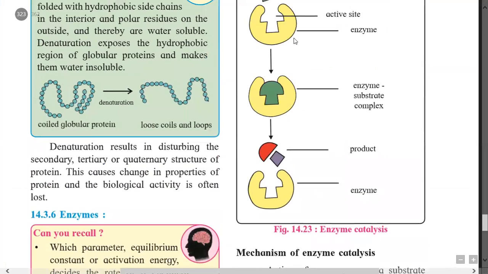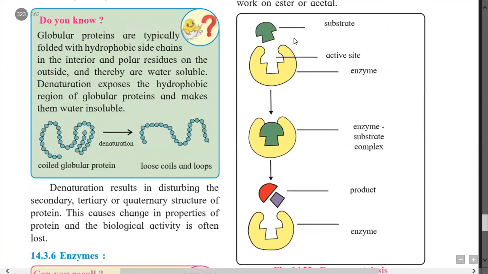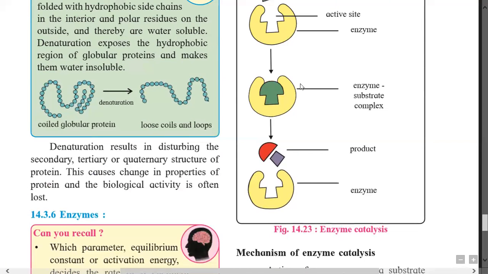See this figure. In this figure, this green colored molecule is the substrate, and the yellow colored molecule is the enzyme. The enzyme has an active site. This is a lock and key type of arrangement. If the size, shape, and orientation match, then only this reaction is possible.